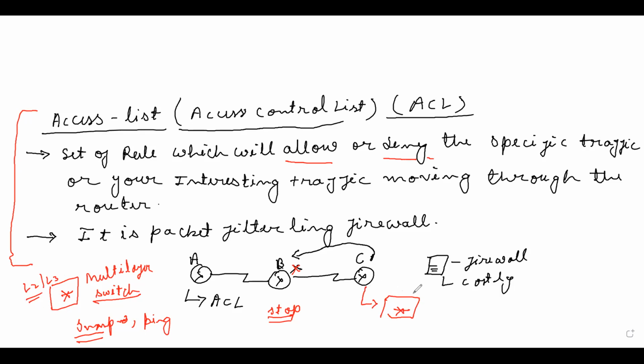So with this kind of switch, suppose there is a user, 172.18.20.1, an outside user, and this is my multi-layer switch, or L3 switch, or router, whatever.